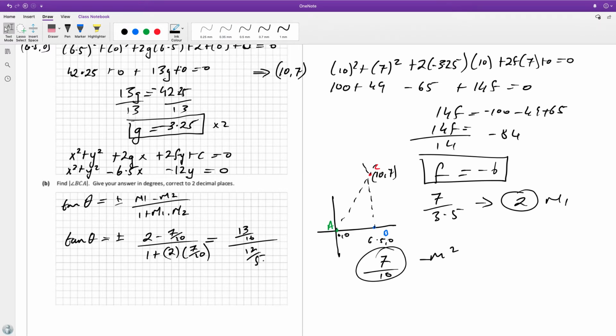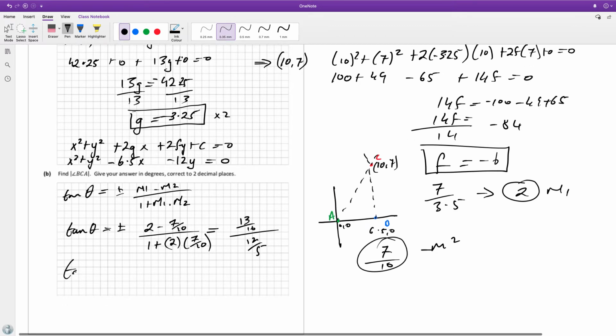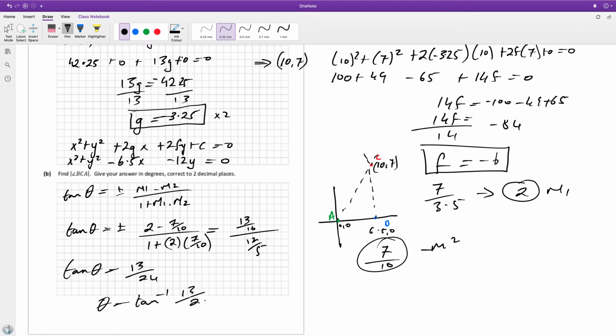That is 13 over 10 divided by 12 over 5. Tan of theta is equal to 13 over 24. Theta is equal to the tan inverse of 13 over 24, 28.44.